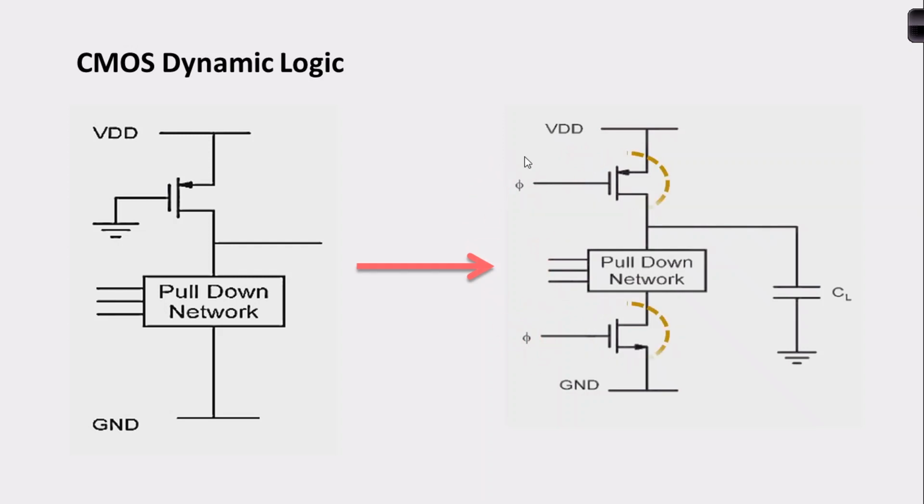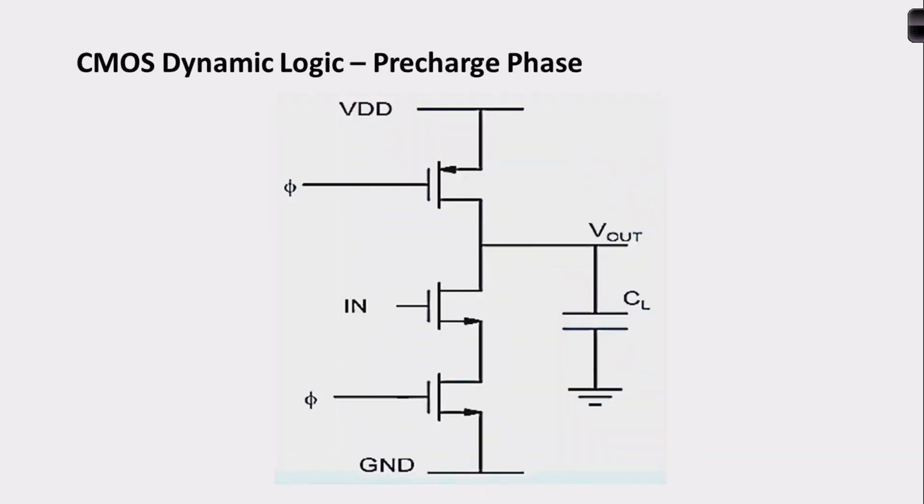So it is similar to our CMOS logic, and by this I can have a ratioless logic. The size can be anything: the PMOS size as well as my NMOS size can be anything. From this drawback we have come to this design where I can have any size I want. So let us look into the working of this.